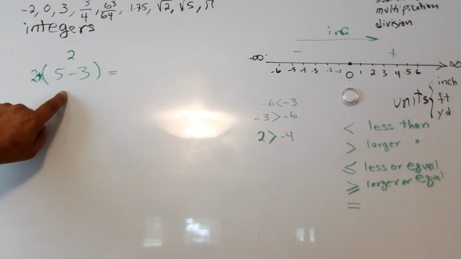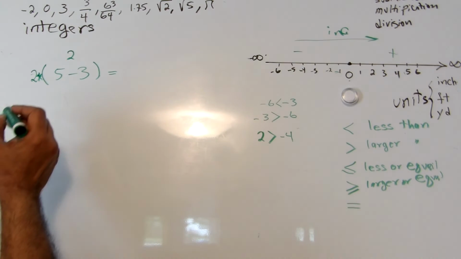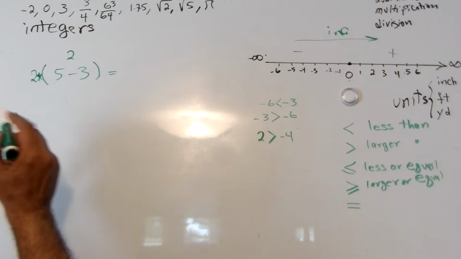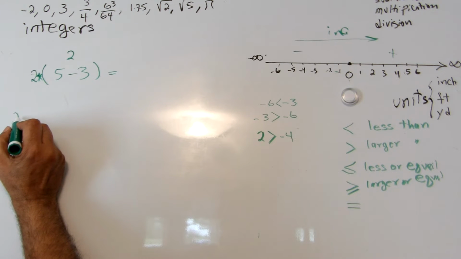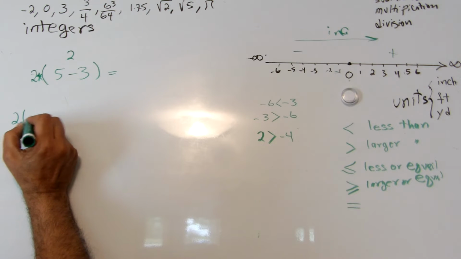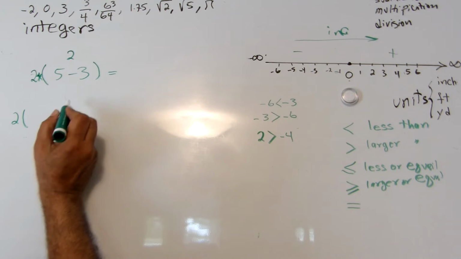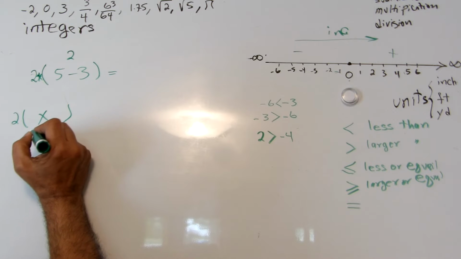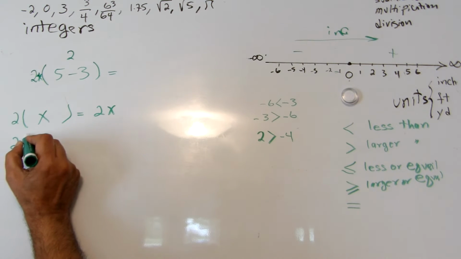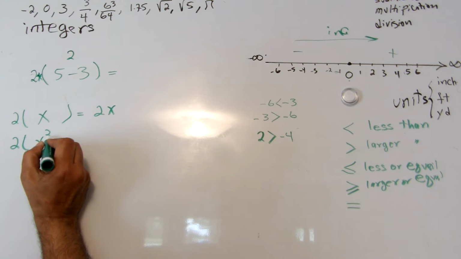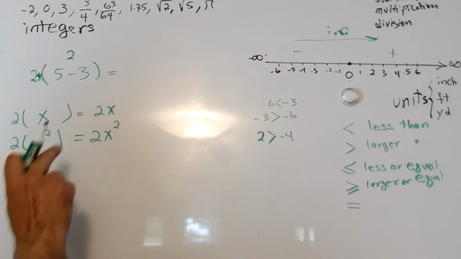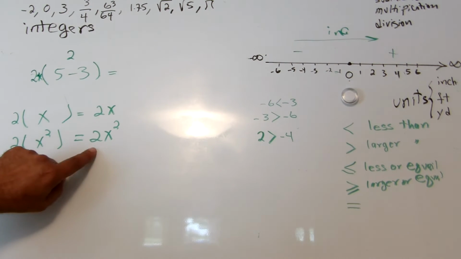When you see a number behind a parenthesis, it is going to be multiplied by whatever is inside, so x times 2 is going to be 2x. This is the coefficient, this is multiplication.